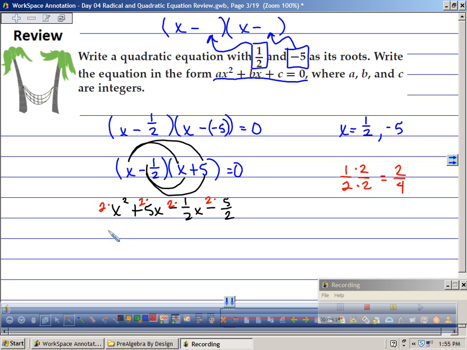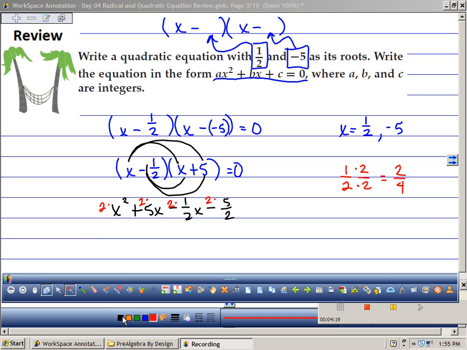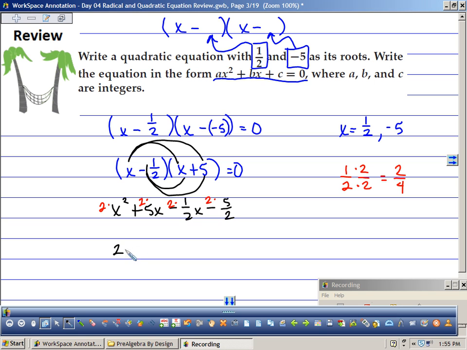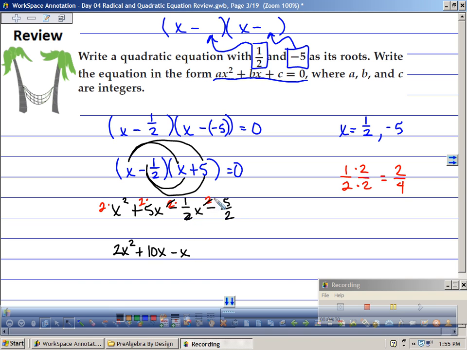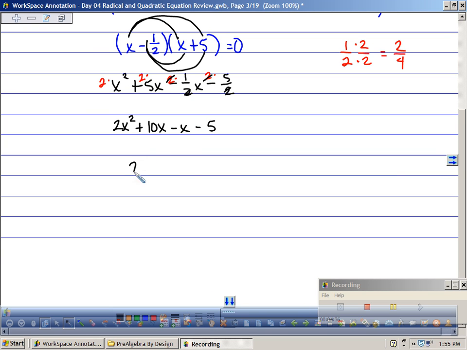Okay. So I get 2x squared plus 10x. My 2's cancel, and I get -x. My 2's cancel here, and I get -5. So the standard form of this equation is 2x squared plus 9x minus 5 in standard form.